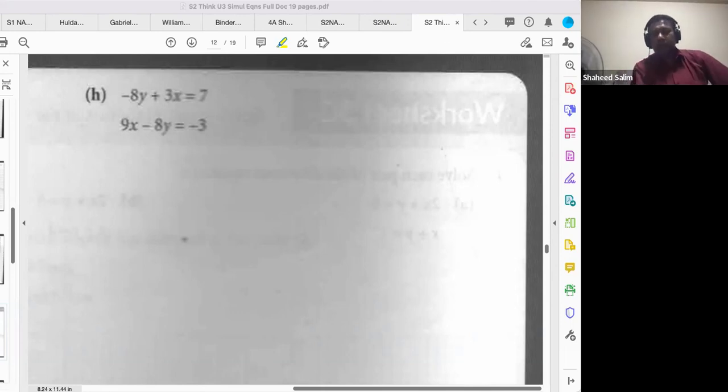Inshi has gotten it. Inshi, do you use the elimination method or the substitution method? Now, Shafika, congratulations. Do you use the elimination method or the substitution method? Elimination.